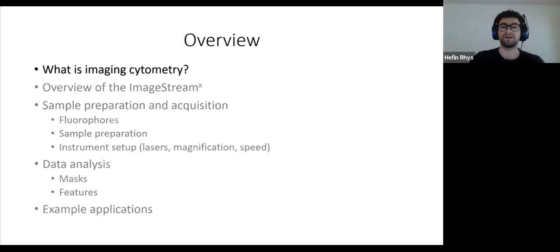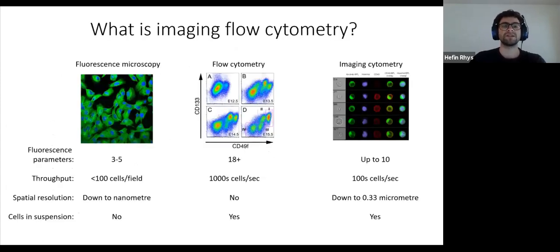Okay, so firstly, what do I mean by imaging cytometry? Imaging cytometry, or specifically imaging flow cytometry, occupies this space between fluorescence microscopy, where we generate images of cells, and flow cytometry, where we use a fluidic system to focus a large number of cells per second through a series of illumination points to get single cell data.